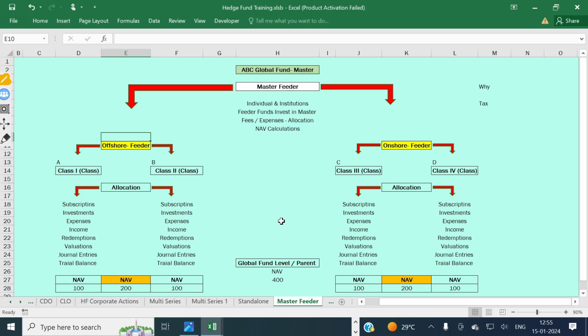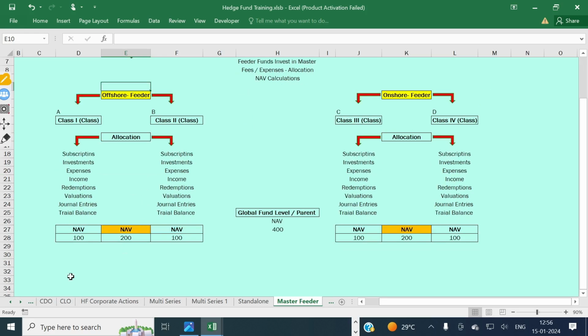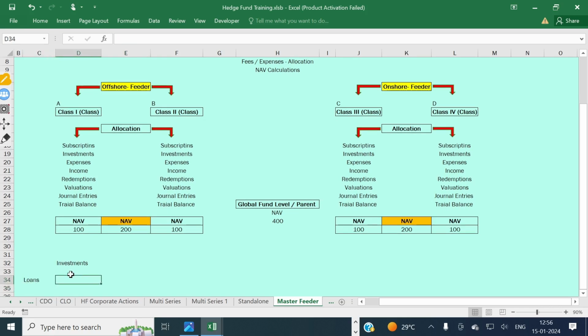So at most, what you can see is master, then your feeder, and class 1, class 2, depending on your investments. Let's say class 1, you have decided to maintain your loan transactions. Maybe class B, you have decided to invest in bonds.